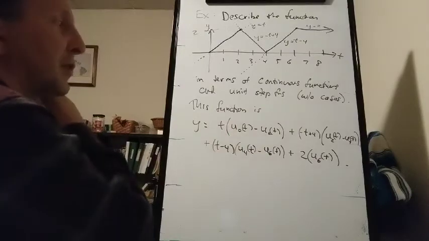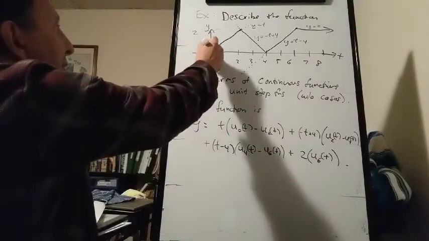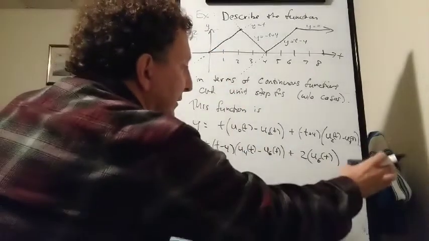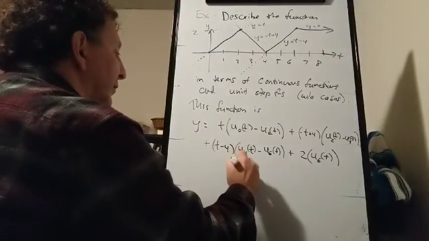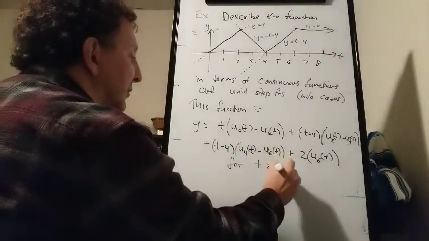And of course this works for, so I'm starting here at t equals 0. So I guess I should really say for t greater than or equal to 0.